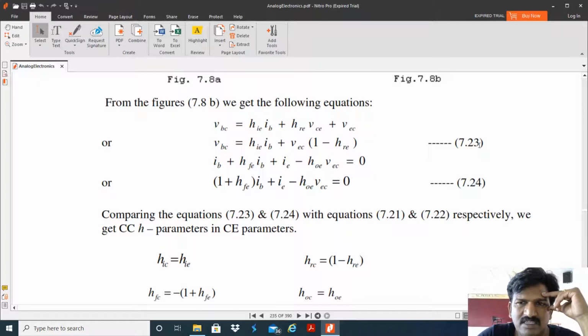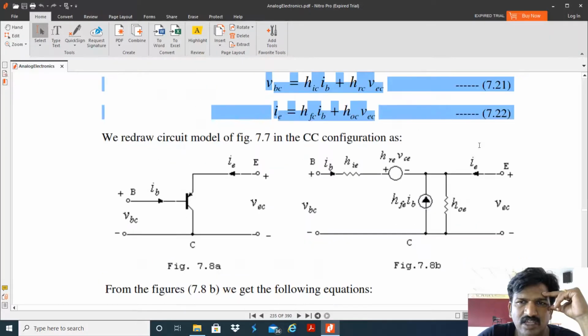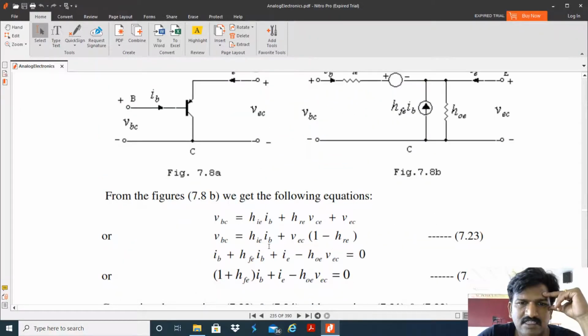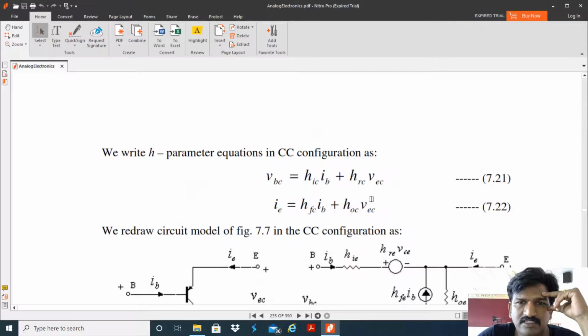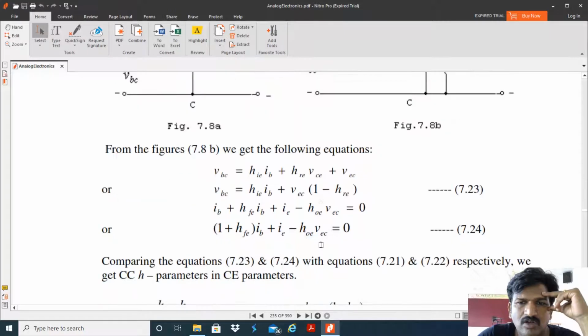Just compare 7.23 with 7.21. Here HIC is nothing but HIE, and HRC is nothing but 1 minus HRE.